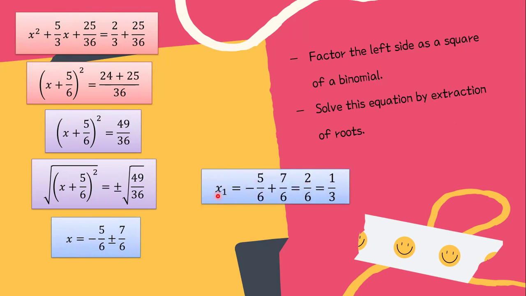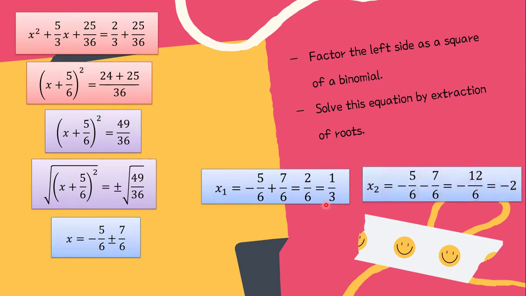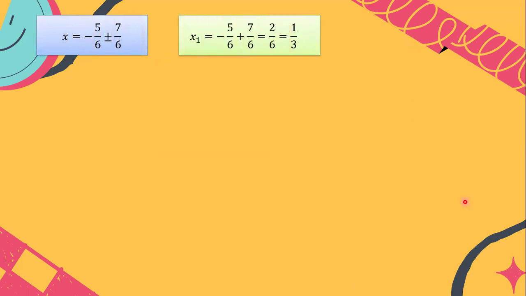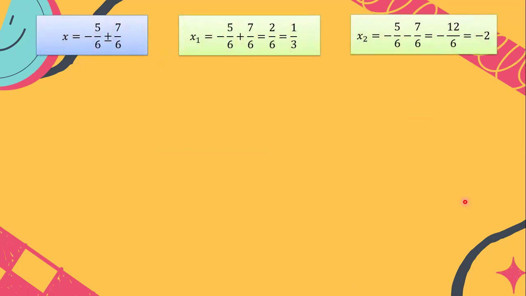If the first x is negative 5 over 6 plus the positive 7 over 6, that gives you 2 over 6. And simplify, that is 1/3. The second x is negative 5 over 6 minus 7 over 6. That gives you negative 12 over 6, which is negative 2. So we have now two values of x. The first one is 1/3 and the second one is negative 2.